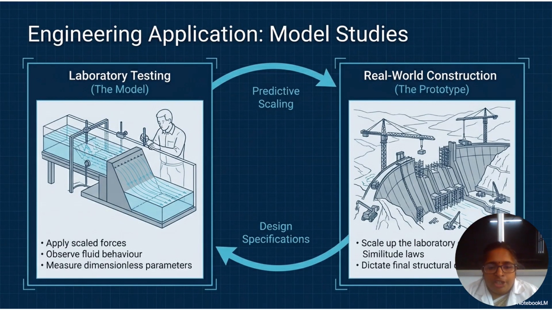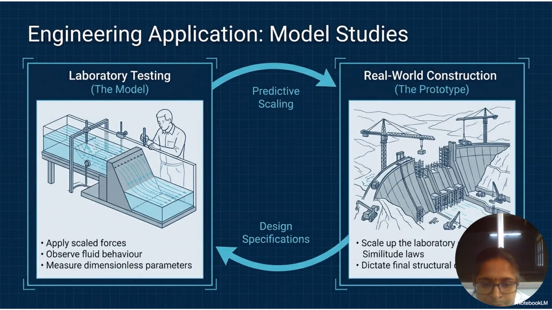And engineering applications related to model and prototype. As you can see in the image, it is clear that for laboratory testing of a model, we have to use scaled forces, observe the fluid behavior and measure the dimensionless parameters which we have discussed earlier, that is Reynolds number, Froude number, and Euler's number.